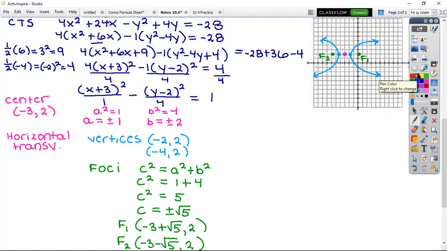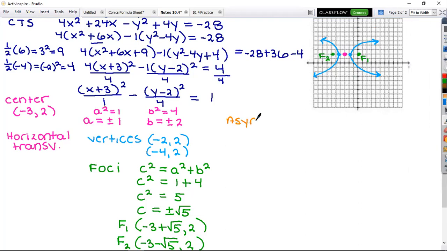All right, so I'm going to use this space. To find your asymptotes, once again, you have a horizontal transverse axis, so your formula is the same. We're going to go y minus k is equal to plus or minus b over a, x minus h.